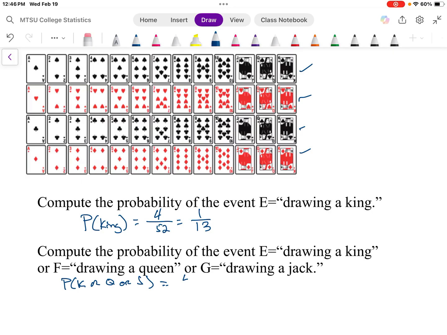So I have 4 kings out of 52, plus 4 queens out of 52, plus 4 jacks out of 52. That gives me 12 out of 52 total. And then I can go ahead and reduce that. I can divide by 4, so that would be 3 over 13. So I got a 3 in 13 chance that when I draw a card, it could be a face card.